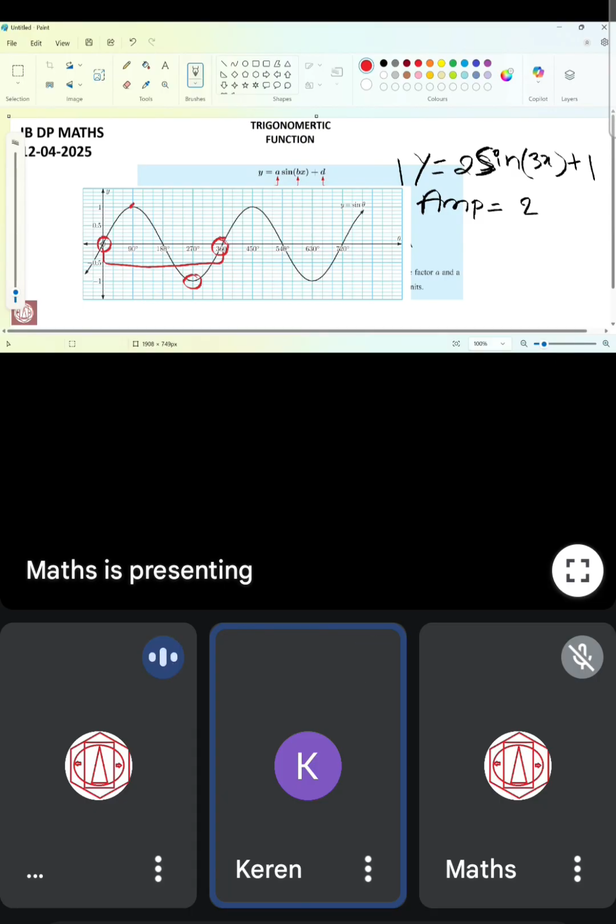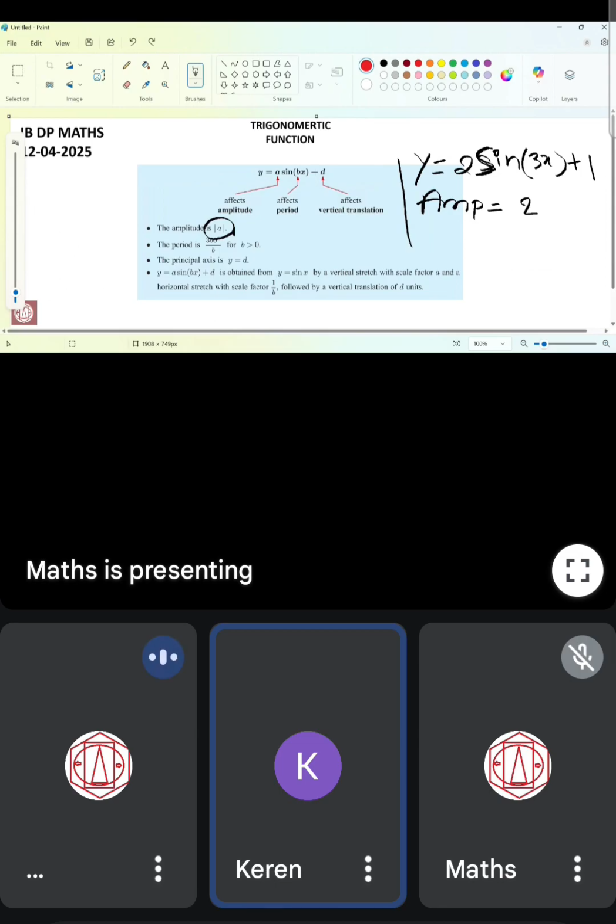What is the period? 360-degree. And what exactly is it? The interval, or you can say the x value, for which the sine function repeats itself. So after every 360-degree, it will make the same type of shape. So in general, you can say that the period of the sine function is 360-degree, right?